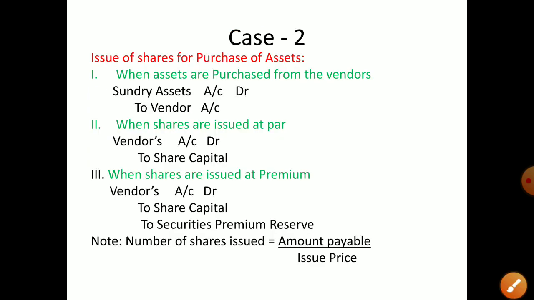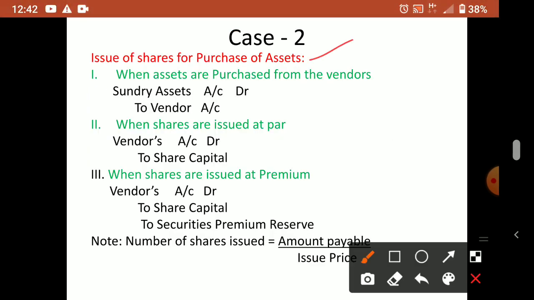Okay, so when we purchase assets, the first entry is when assets are purchased from the vendors. So when we purchase the assets from vendors, what we have to write? Sundry assets account debited to vendor. Okay, next, vendor's account debited to share capital.